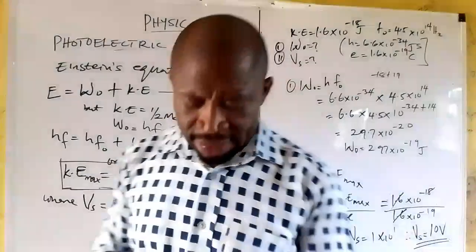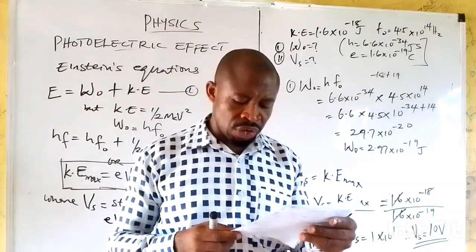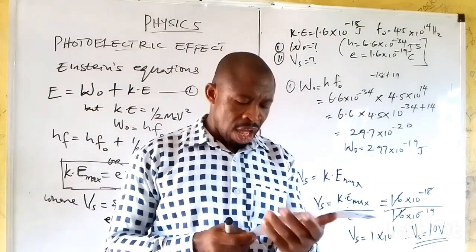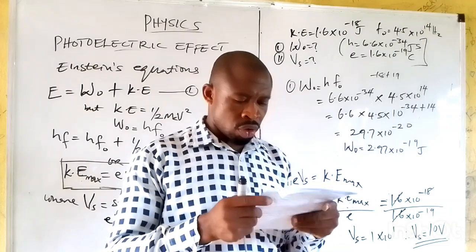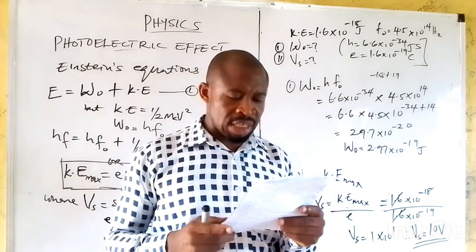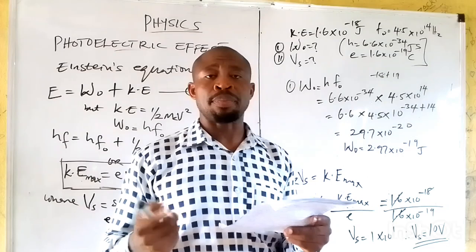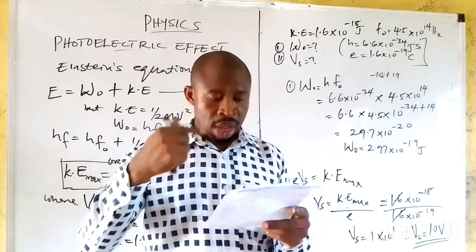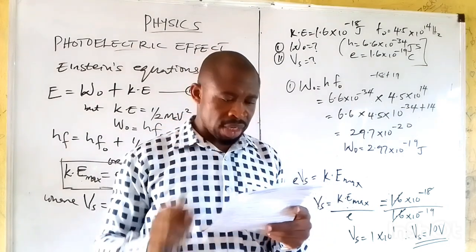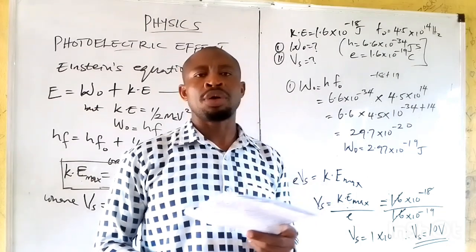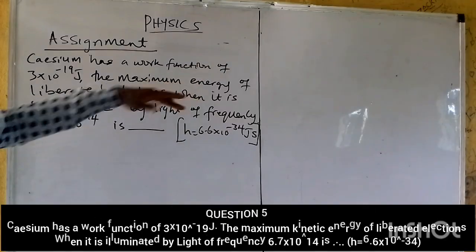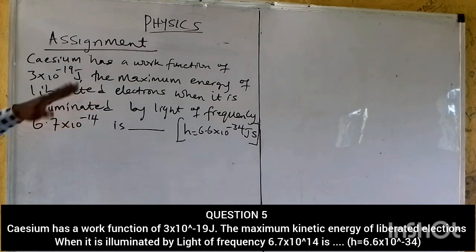Okay, there are so many questions we can lay our hand on. But the last, last but not the least, I'll give it to you to solve as an example. Now we take a work function of 3 times 10 raised to power minus 19 joules.